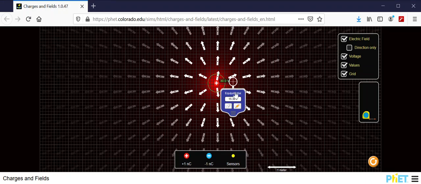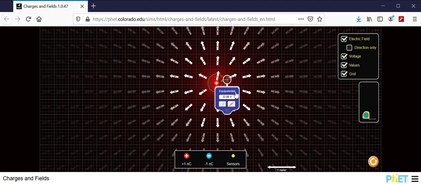So let's say 10. If it's 10, then this is 20. It's kind of hard to make it exactly 20, but I'm just showing you how, so you can try to get as close to 20 as possible. I've decided on a potential difference of 10, but it doesn't have to be 10.